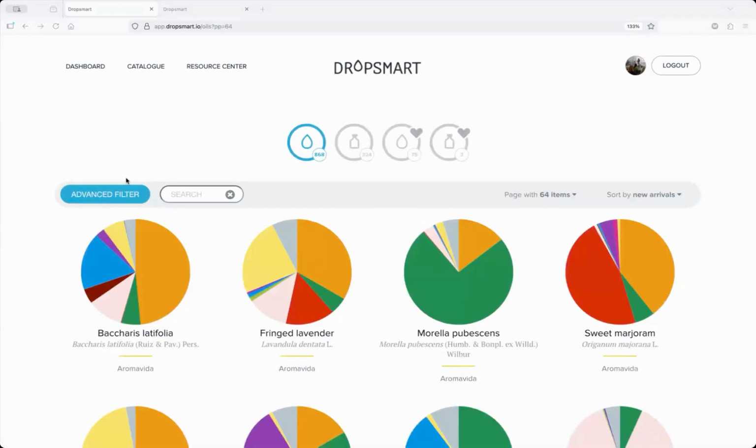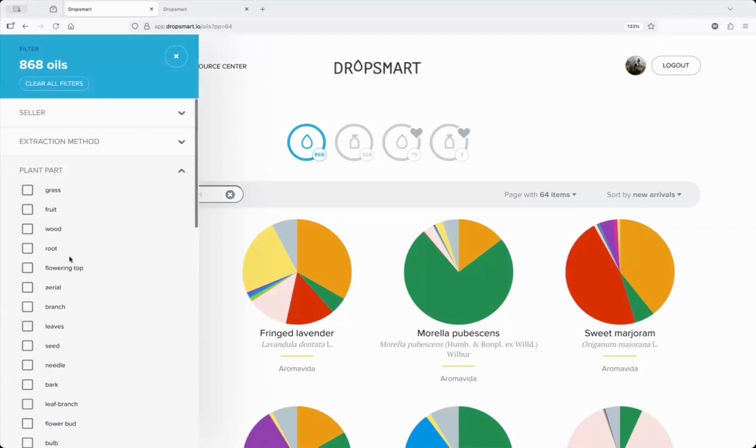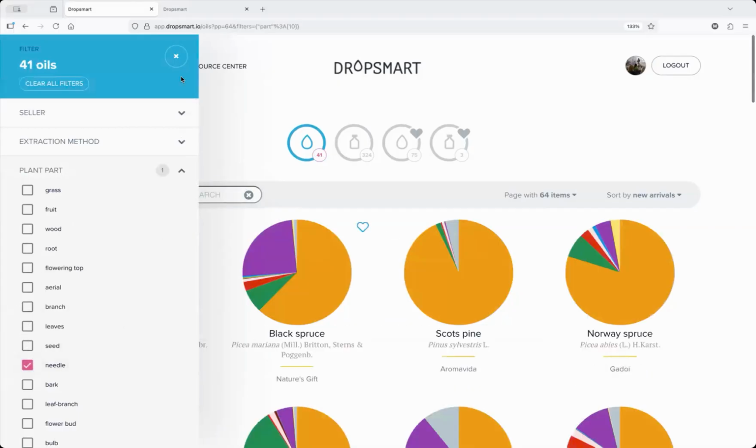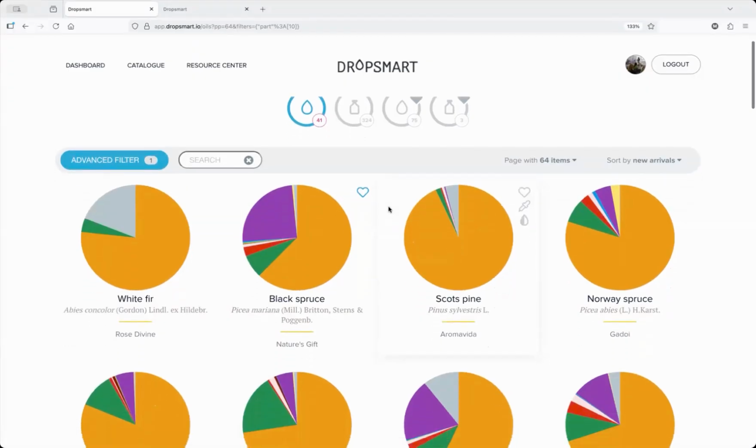So you can also search this for yourself: you go to the advanced filter and you go to plant part that was distilled, and in this case it is the needle, and you will see that we have a lot of oils and they all look similar.